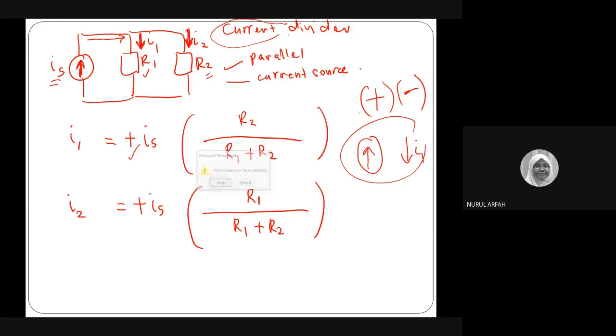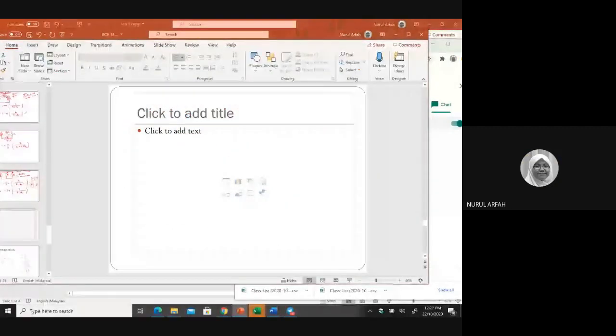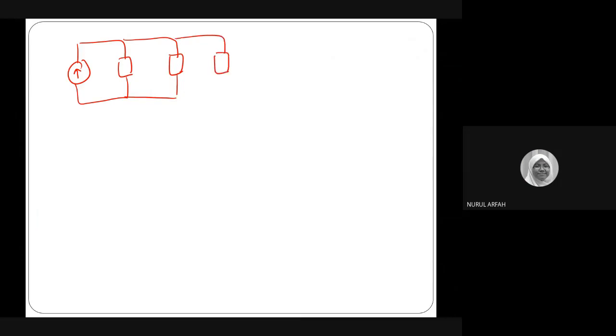Madam, what if there's three resistors? Okay. So for the bracket, we should use R2 or R3 for the R1. That one you need to think. We have three branches, right? Three branches. This is IS.